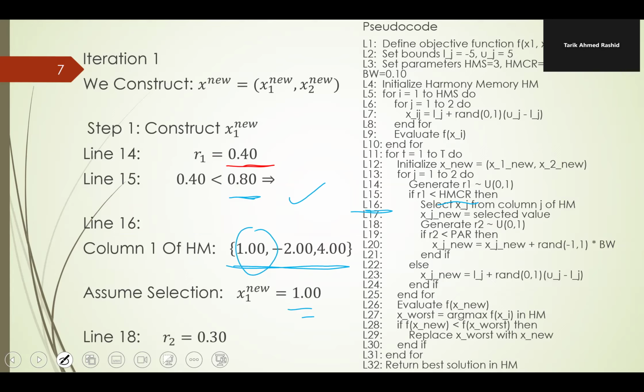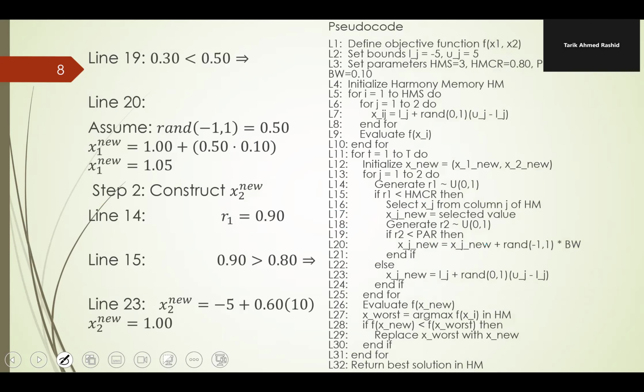Then we generate r2 in line 18. We toss another r between 0 and 1, and we receive 0.30. Now 0.30 is smaller than the pitch adjusting rate, which is 0.5. Yes, so we go directly to line 20.